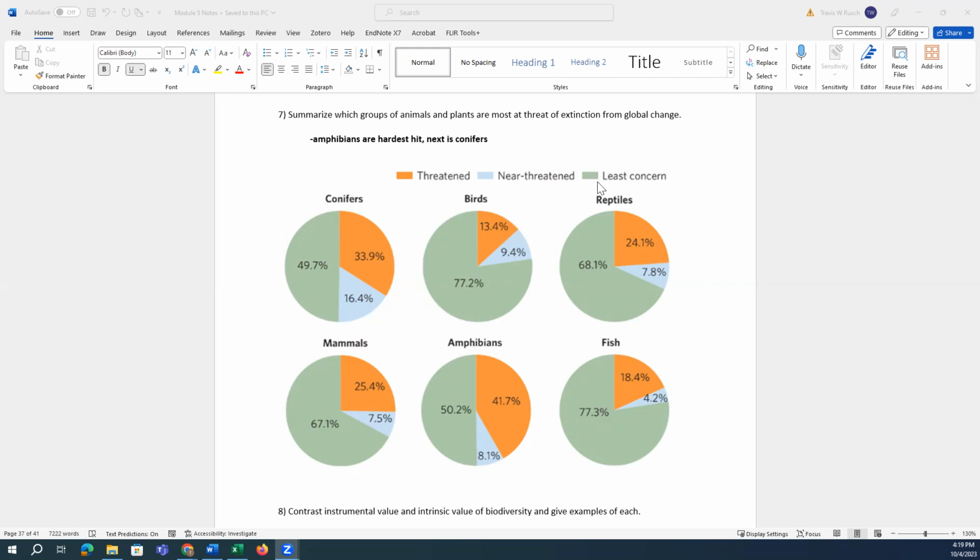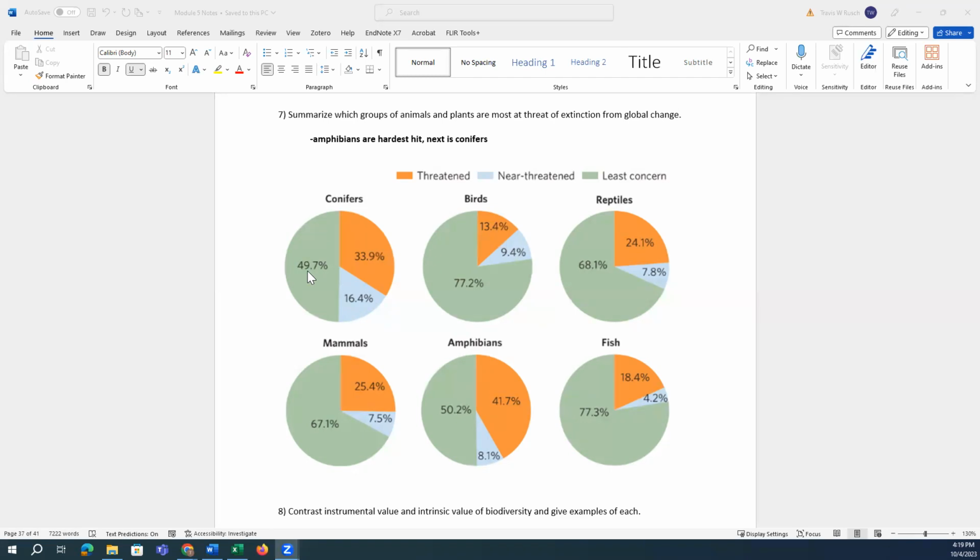The different colors indicate, based on the type of organism, if they're orange, that means they have high levels of threat. If they're blue, that means they're near threatened, so there's some concern, but it's not as bad as actually being threatened. And then obviously least concern are animal populations that are doing relatively well.